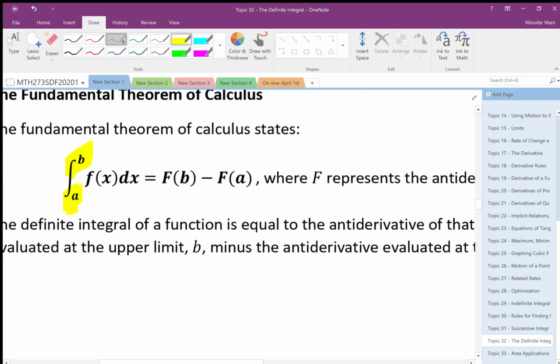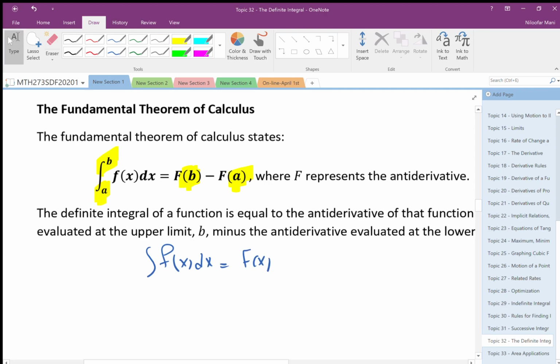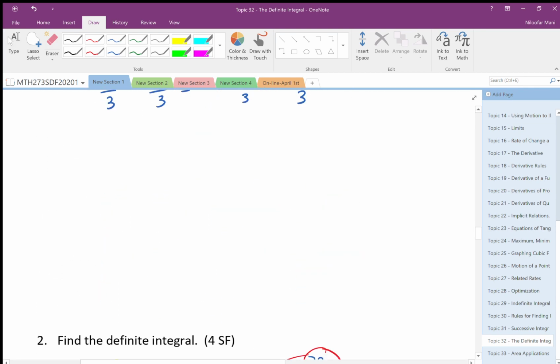So the integral of this is capital Fx. Integral of lowercase is capital. Okay? I do capital. And then I don't need C. Then I substitute B first and then I substitute A next. Okay? So FB minus FA. Remember, top first. Otherwise will be opposite.